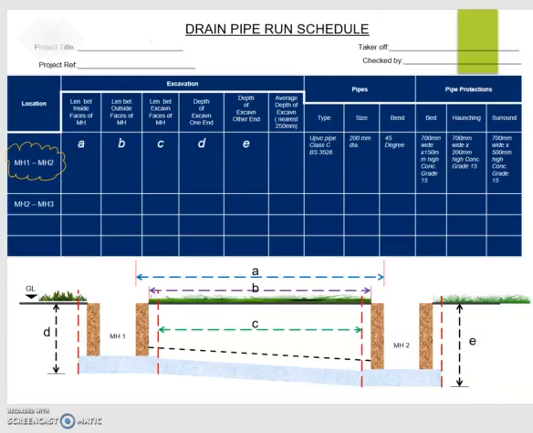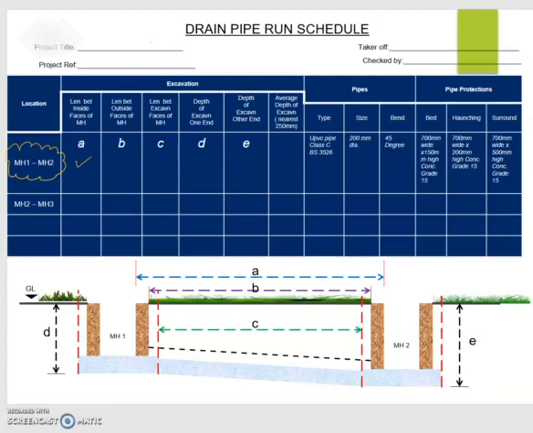So you need to understand what will be the length for A. This is what we call the internal faces of manhole length. This is A. And B is the external faces of the manhole.